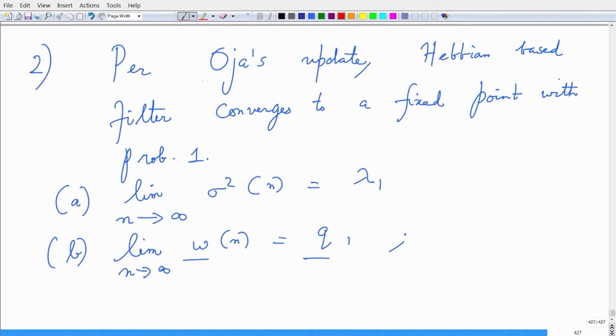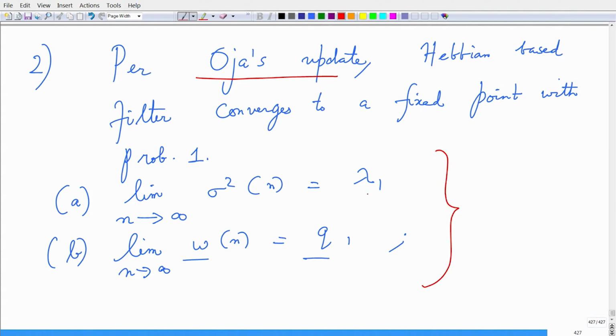Now, per Oja's update, which is essentially normalizing the Hebbian based rule, the Hebbian based filter converges to a fixed point with probability 1. So, these are the two cases.